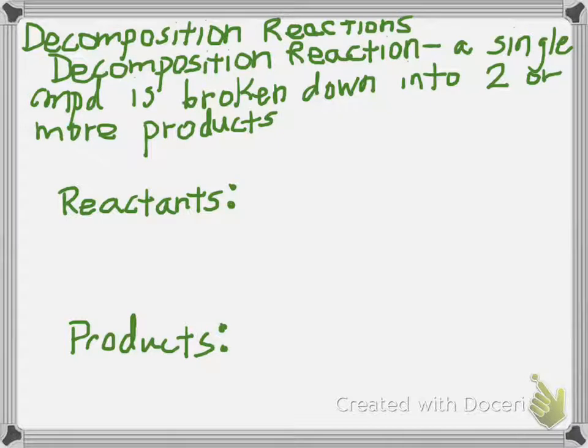Again, just like we'll do for all of the 5 types of chemical reactions, we're going to start by talking about reactants. We want to talk about how many there are and what types they are. So starting with our reactants, if we look at our definition, we should be able to tell how many reactants we're going to have. So in a decomposition, there's always only one.